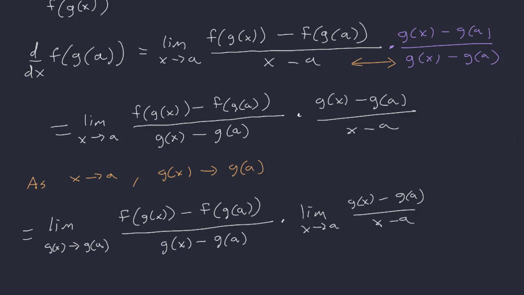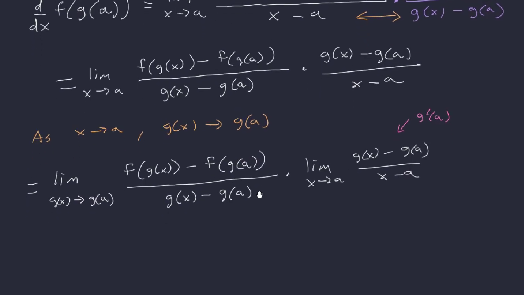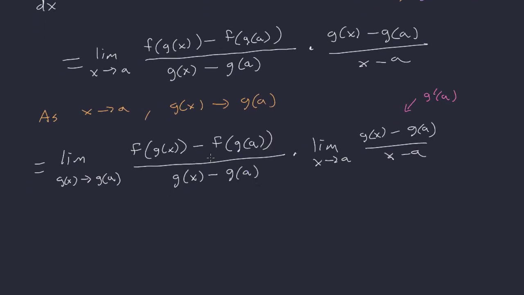Well, this is going to be g prime of a. Now, all we've done is rewritten how the limit works.